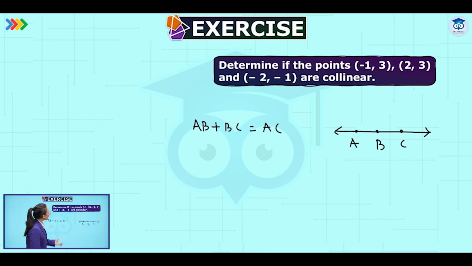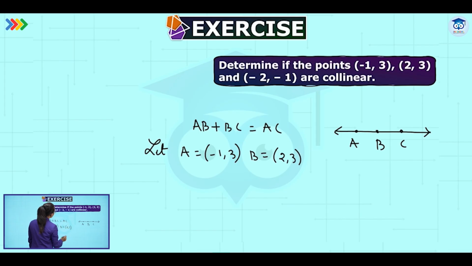For that, we will be using the distance formula to calculate it. Let's consider A is (-1, 3), B is (2, 3), and C is (-2, -1). Let's calculate AB.